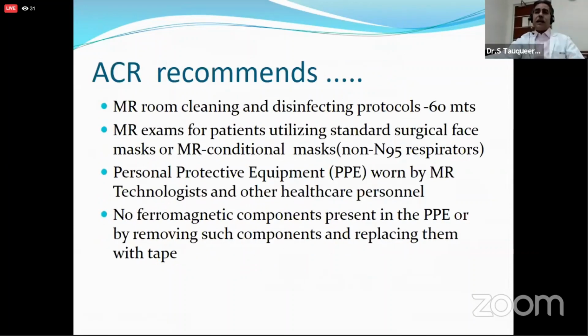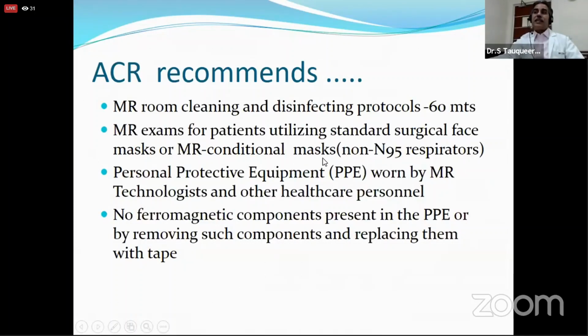If MRI has to be used because of any reason and it cannot be avoided, then once the patient has undergone the examination, the disinfection protocols of the MRI room can take up to 60 minutes. When the patients are inside the room and the support staff, nursing staff or doctors are there, they have to see that the masks they are wearing are MR compatible or conditional masks.